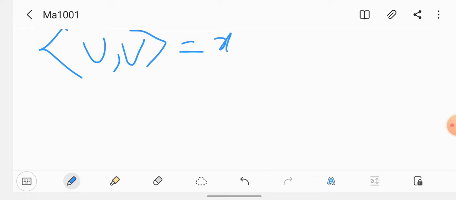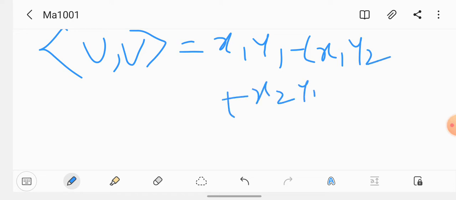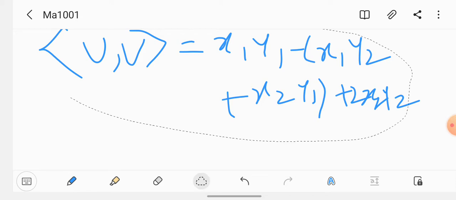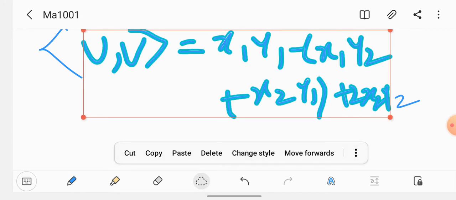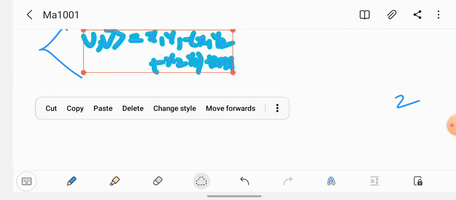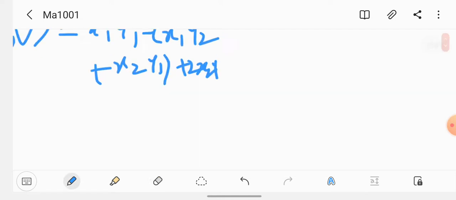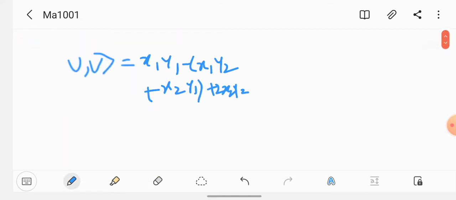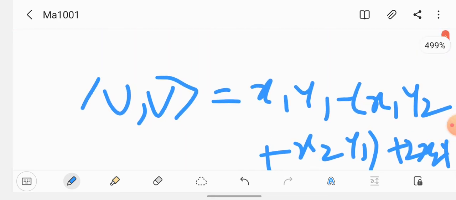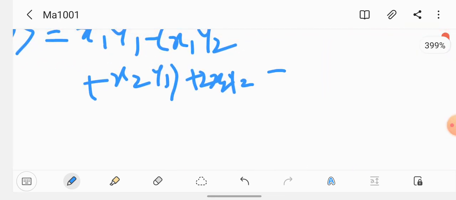The first condition is x1 y1 minus x1 y2 minus x2 y1 plus 2 x2 y2. This is the condition, and it will be equal to 0.